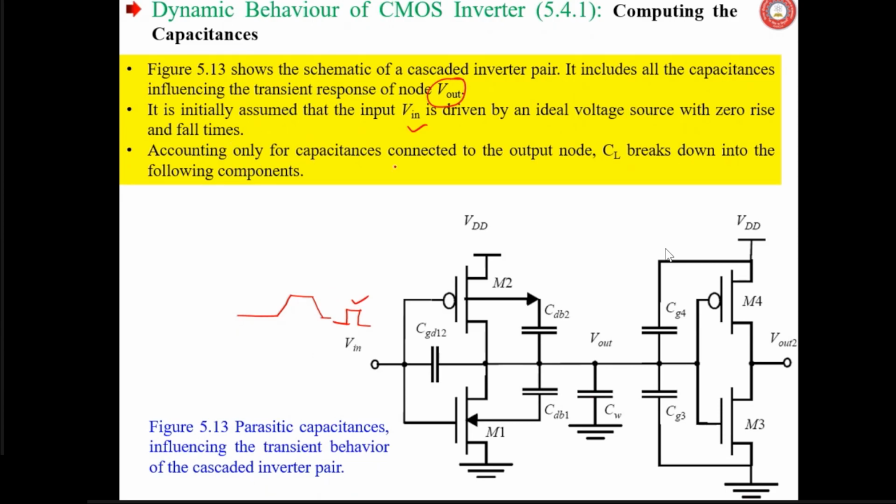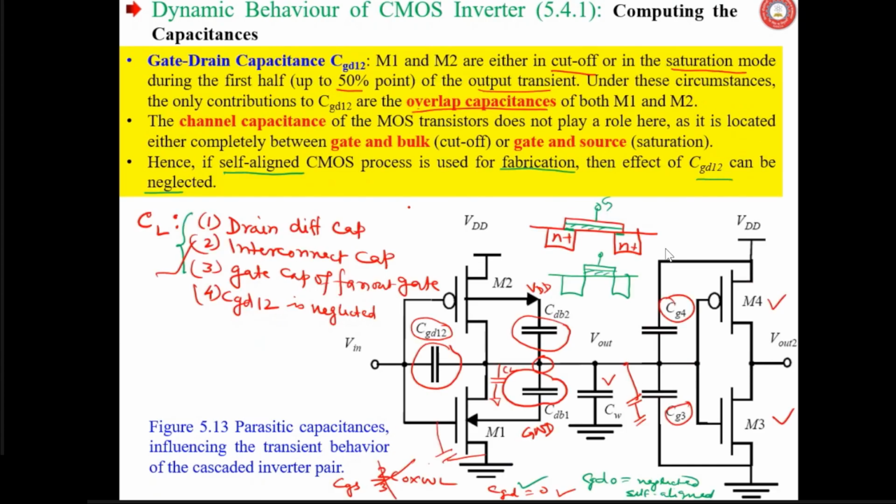Accounting only for capacitances connected to the output node, CL breaks down into the following components. One component is the gate-drain capacitance CGD12. CGD12 is this one, between gate and drain.